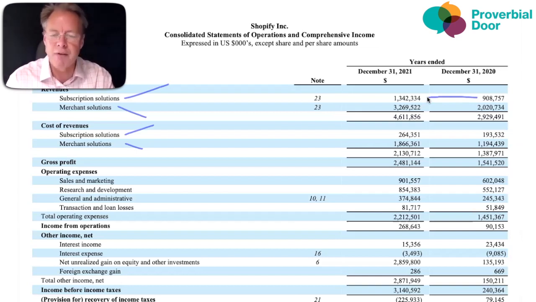It's an 80% margin. Every dollar they bill their clients costs them 20 cents to deliver that service. The merchant is a little bit less. It's not massively less. It's a 43% gross margin and it's growing at 62%. So it's higher growth, but lower margin business.